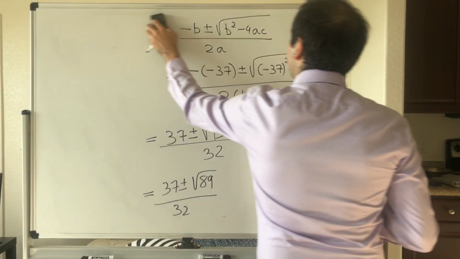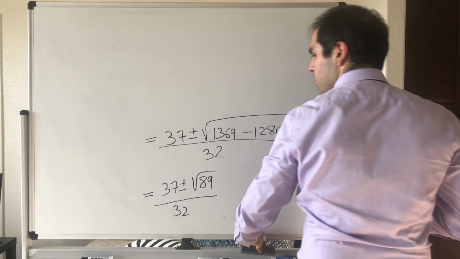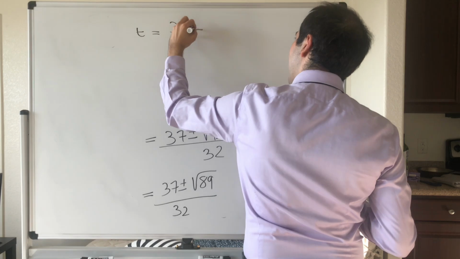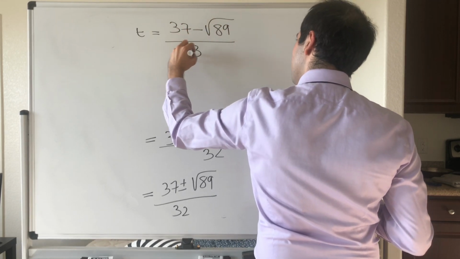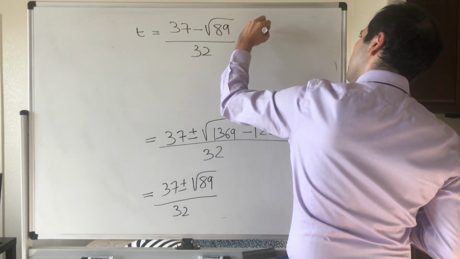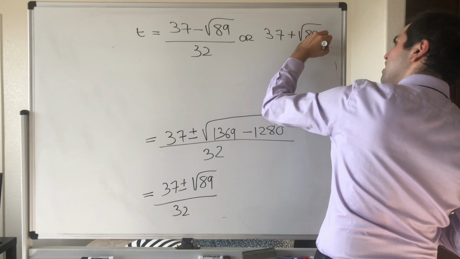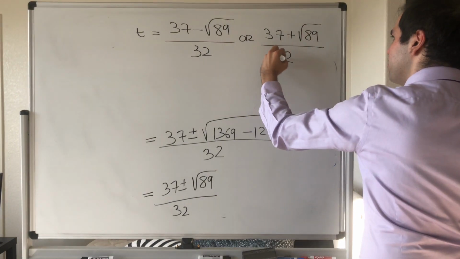Okay. And so in particular, we have two choices. We have t equals 37 minus square root of 89 over 32, or 37 plus square root of 89 over 32.